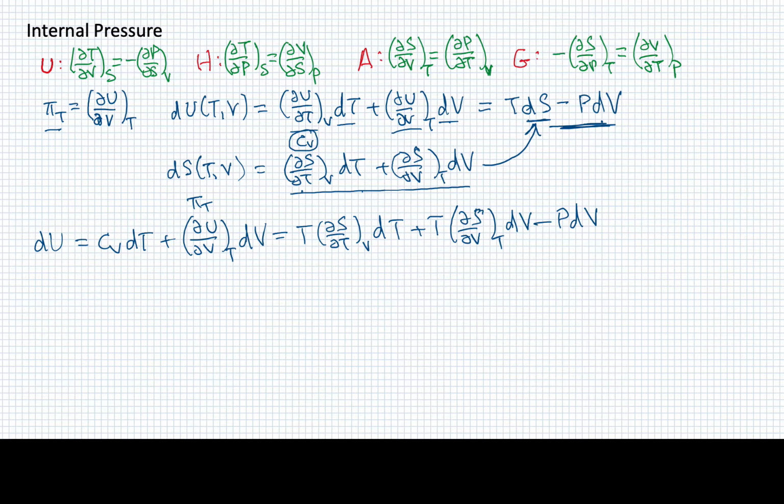I'll be able to combine these last two terms because they're both in terms of dV. But I want to focus on this term right here, because it appears up here in the Maxwell relation that arises from Helmholtz energy. From that, I have it equal to the derivative of pressure with respect to temperature at constant volume. Why might I care about that?